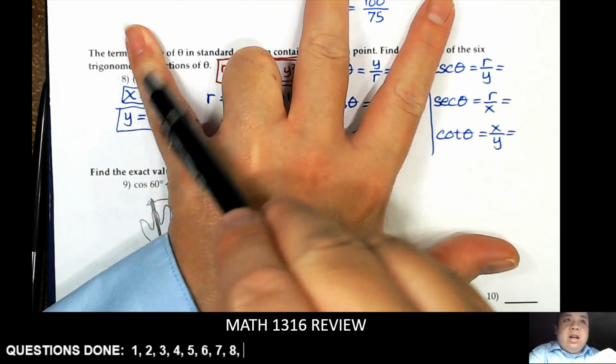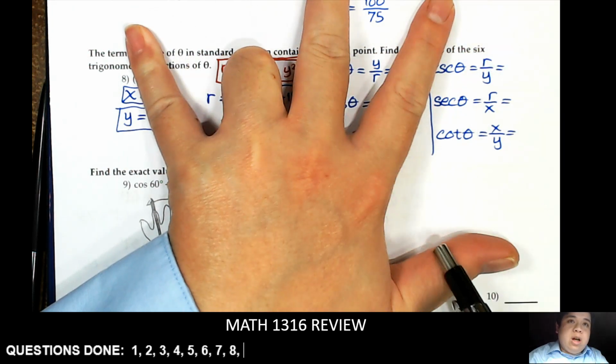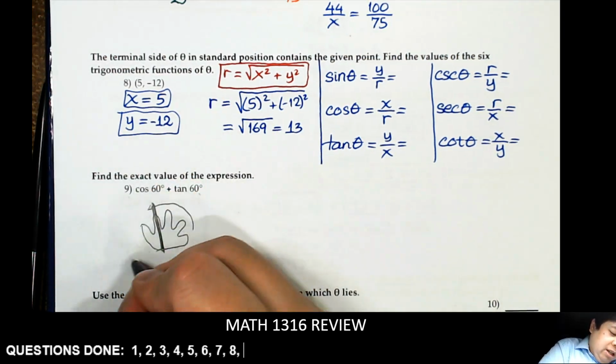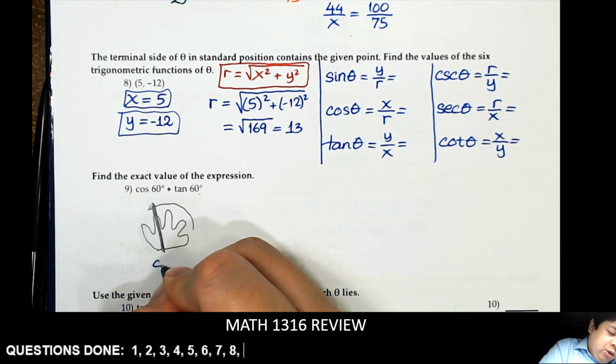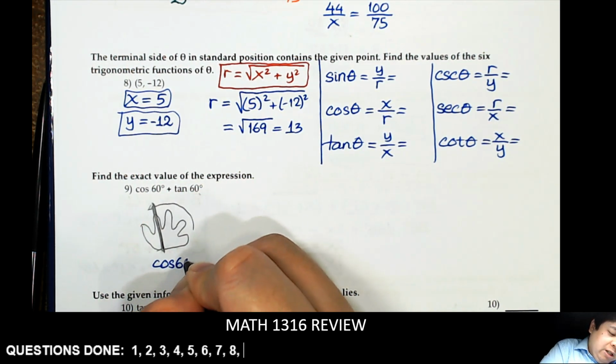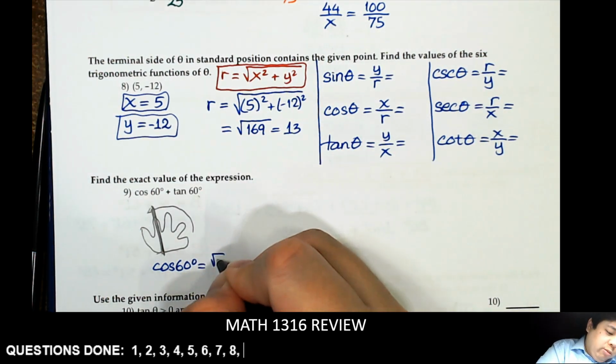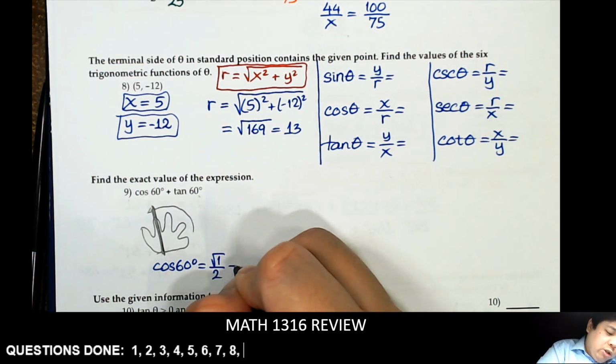Cosine is on the left, so that's 1. On the right is 3. So cosine of 60 degrees, there's one finger on the left, so we have the square root of 1 over 2, or just 1/2.